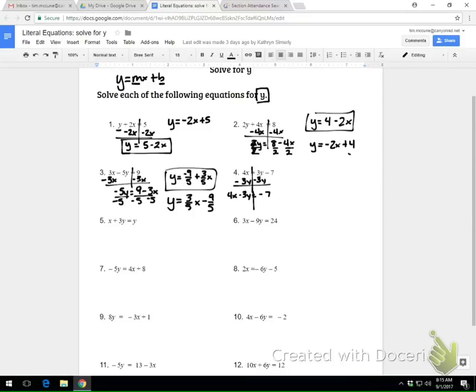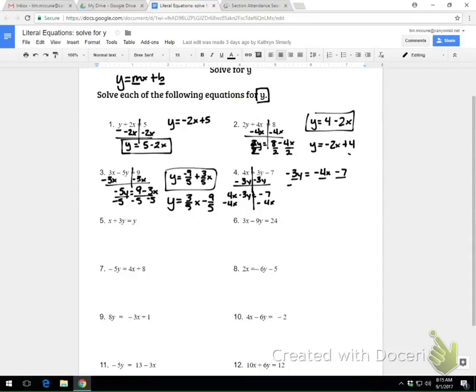Now, what do you think I'd do from here? Move the 4 to the 7. Move the negative 4 or the positive 4? Okay, so subtract 4x. So I got negative 3y equals, now I'm going to write my x first, so negative 4x minus 7. Now what?